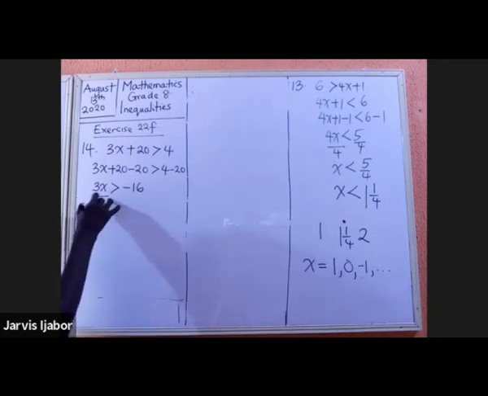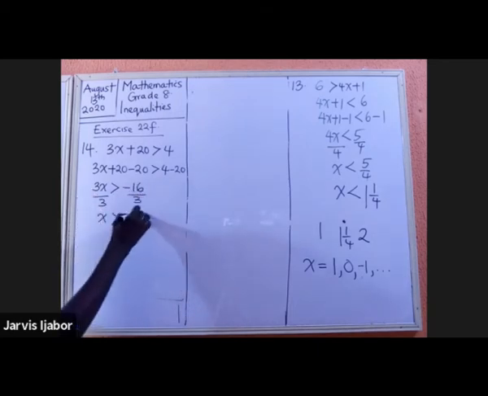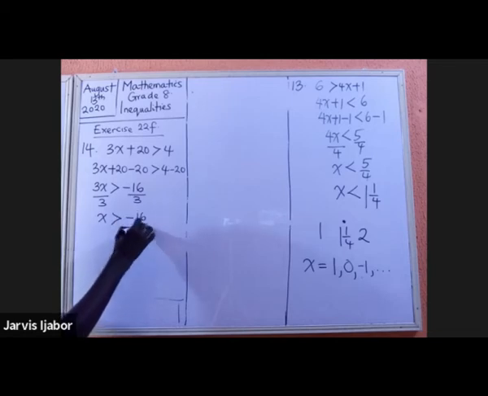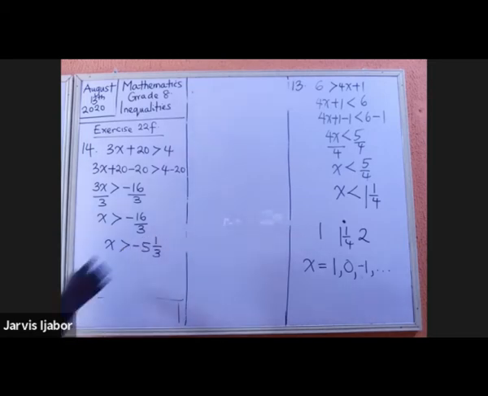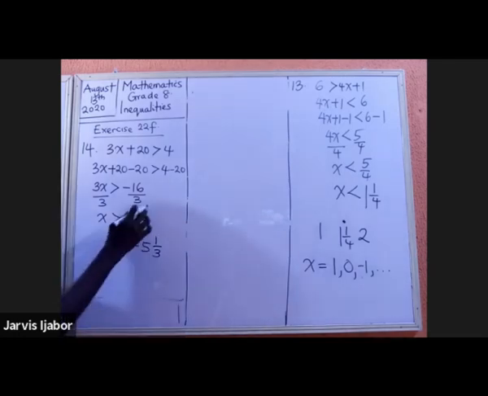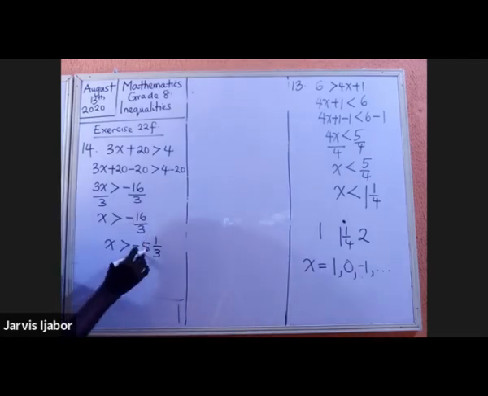I divide both sides by 3, x will be greater than negative what? 16 over 3, and x will be greater than negative 5 and 1 over 3. Right, how many 3's can we get from here? 15, so that is 5 plus 1 over 3.